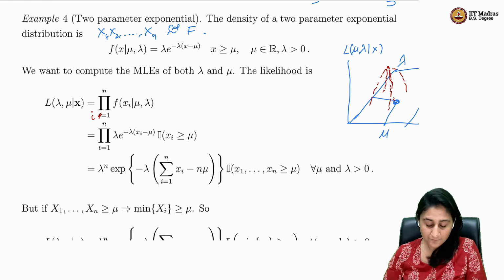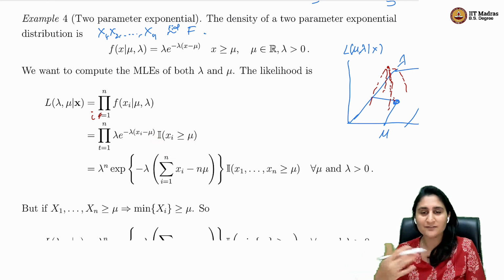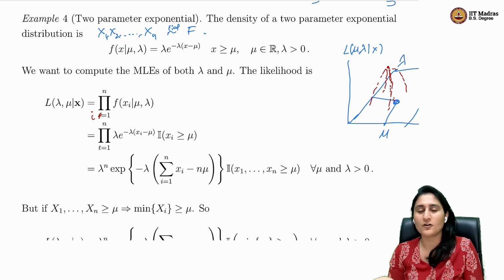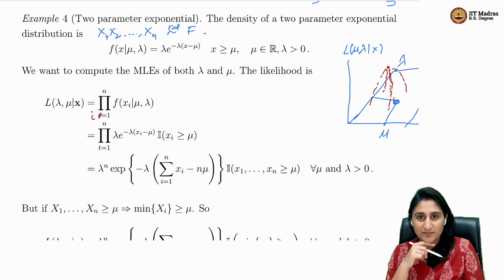If I look at a mu such that xi is not greater than or equal to mu, then the likelihood there is 0. So that value of mu is not likely at all, if I choose a value of mu that's greater than any of the xi's.